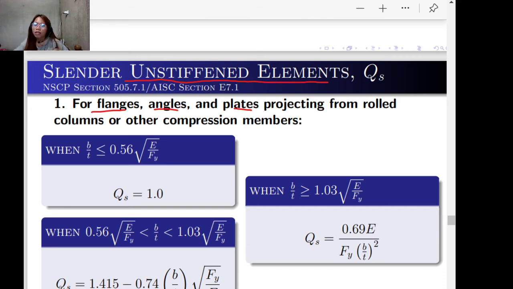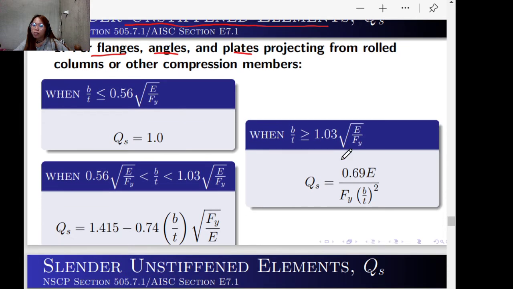That is for flanges, angles, and plates projecting from rolled columns or other compression members.